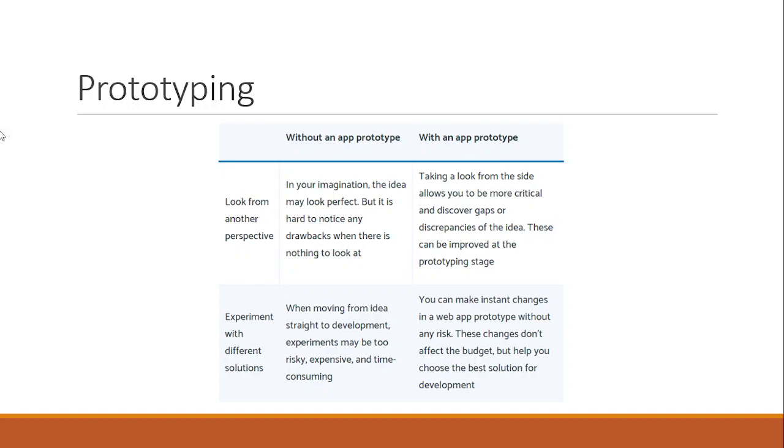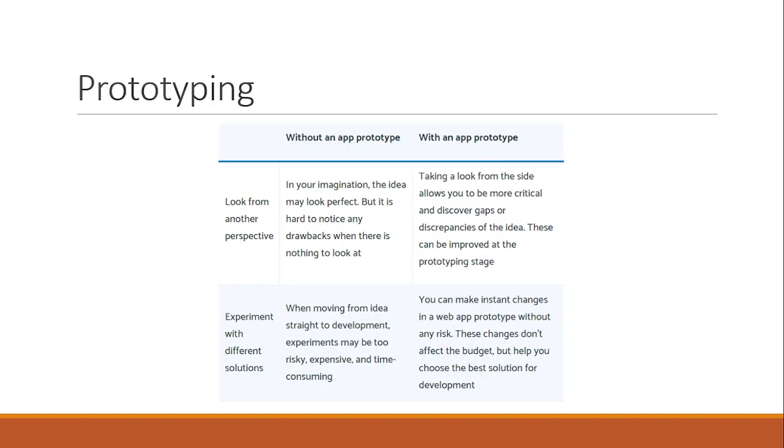So within a prototype, taking a look from this side allows you to be more critical and discover gaps or discrepancies in the idea. So you can find some flaws in your initial idea and improve it. This can be improved at the prototyping stage.